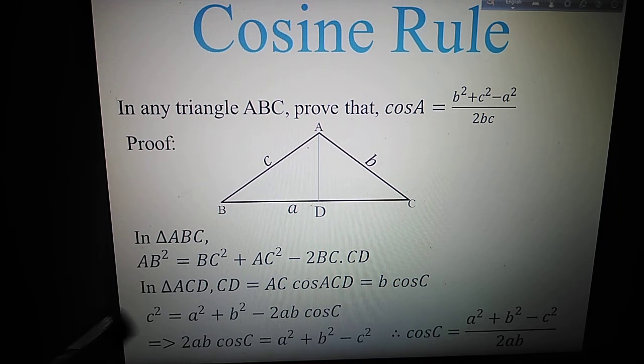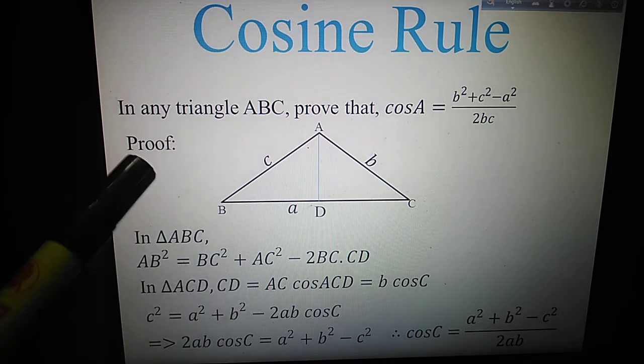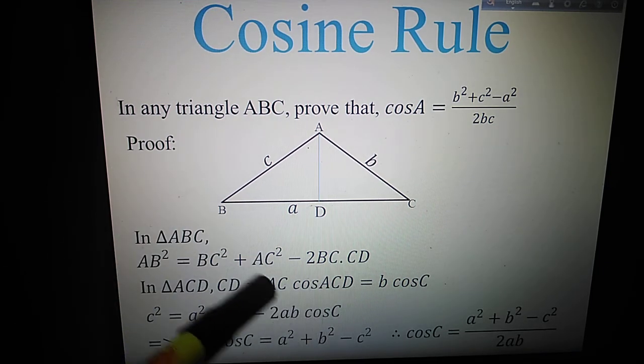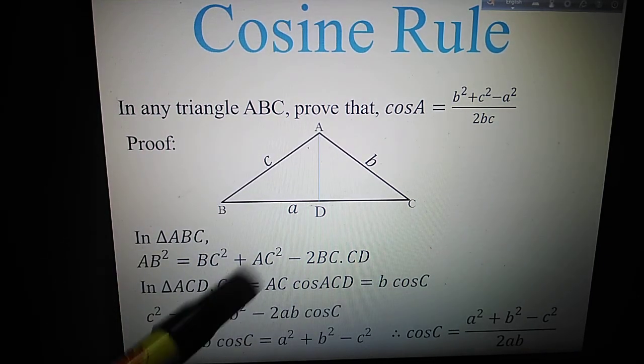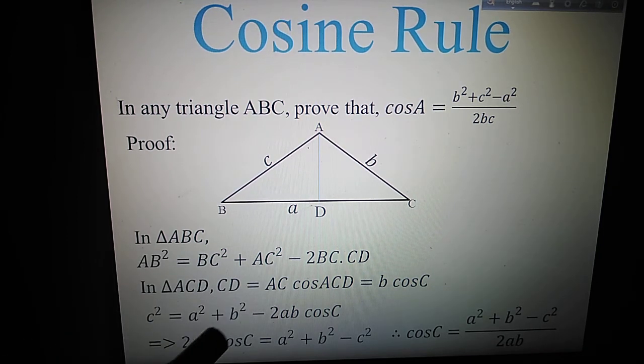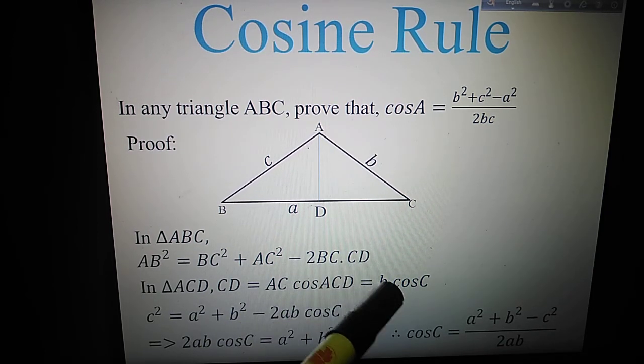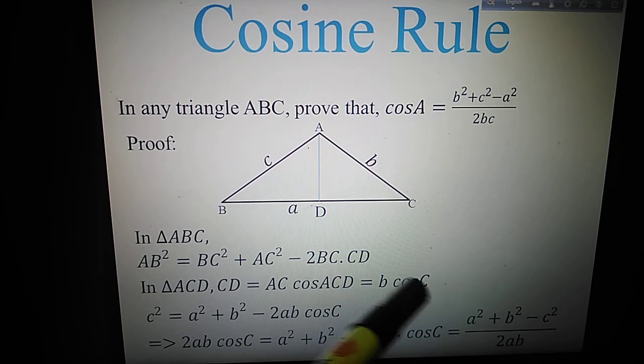So we know AB is c, BC is a, and AC is b, and minus 2 BC, BC is a, and CD is b cos C.